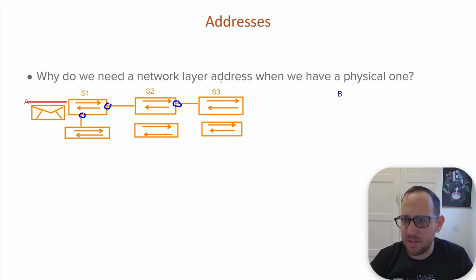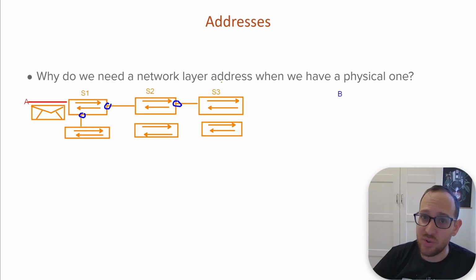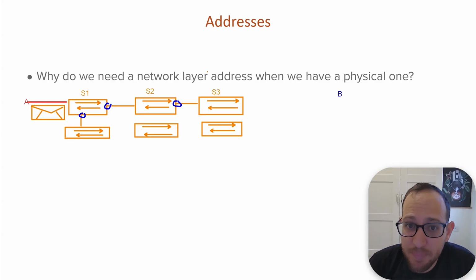Which means that we either get to a state where switches just propagate datagrams all across the internet or to all of their neighbors, which results in lots of congestion, obviously, or the alternative, which is probably not much better, is to have each of those switches include a table with all addresses in the world and where they belong. Now, this is completely unfeasible and it doesn't make sense. I hope you would agree.